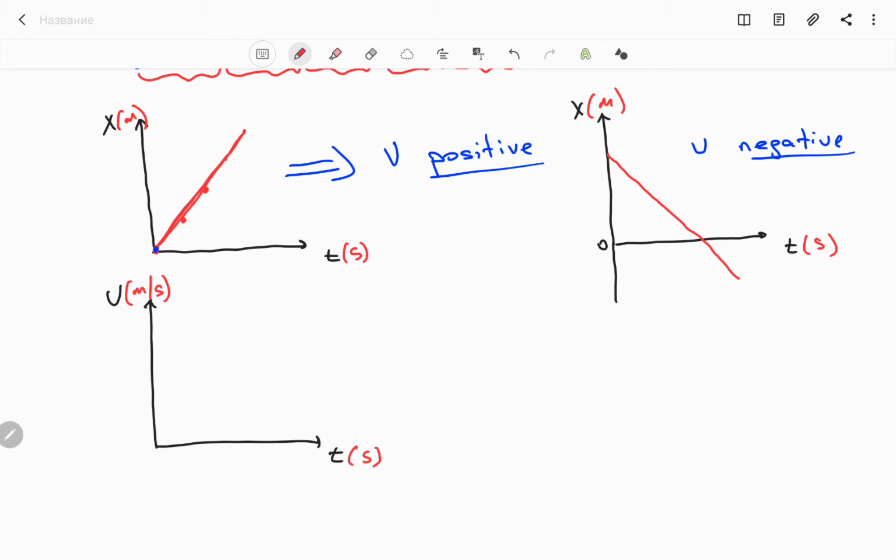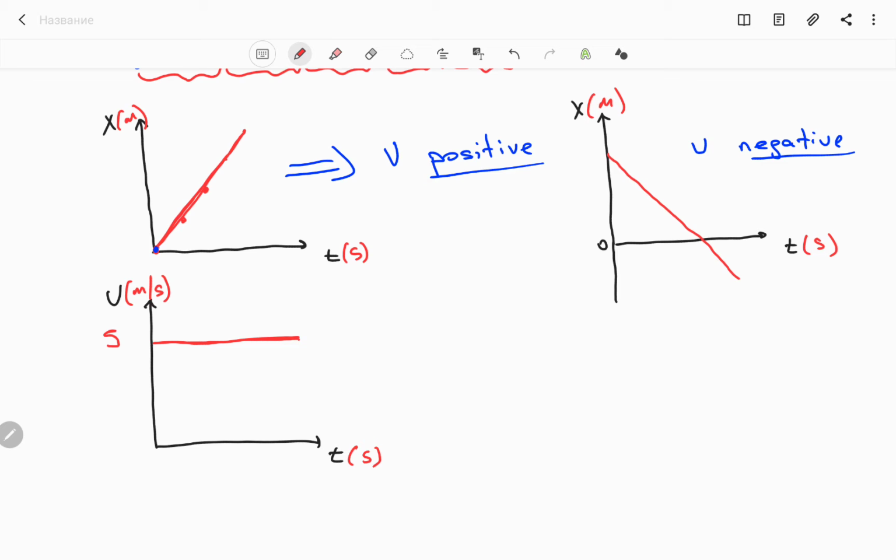Now let's come to the VT graph, velocity versus time graph. Again, we need to draw for uniform motion. Uniform motion means velocity remains the same. It means you should have a horizontal straight line, because this value, let's say for example 5, should not change, because this is uniform motion.